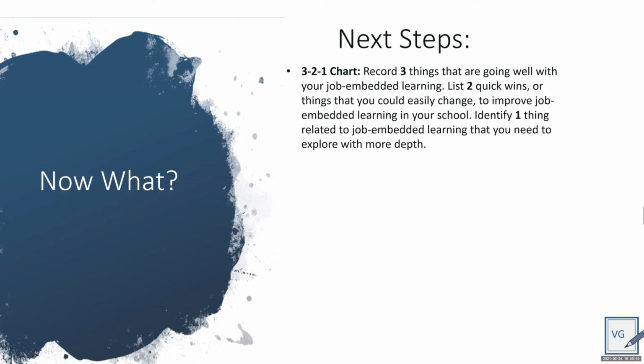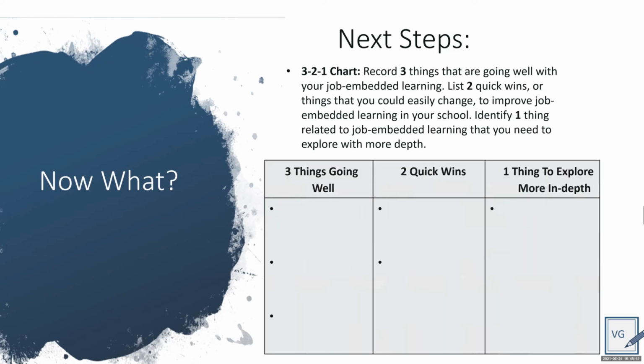Use the notes taken on the viewing guide to support your reflection. Then, in the viewing guide section called Next Steps, record 3 items that are going well with your job-embedded learning opportunities. List 2 quick wins or items you could easily change to improve job-embedded learning in your school. Lastly, identify 1 item related to job-embedded learning that you need to explore with more depth.